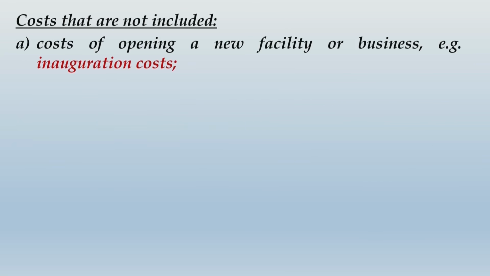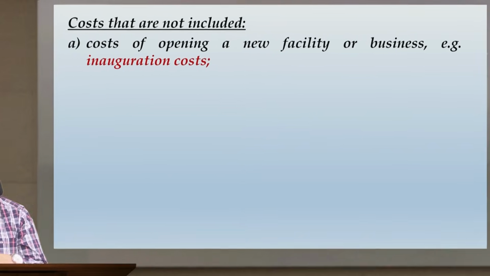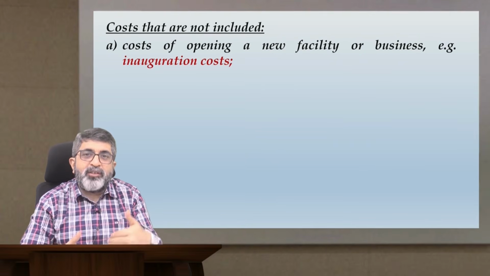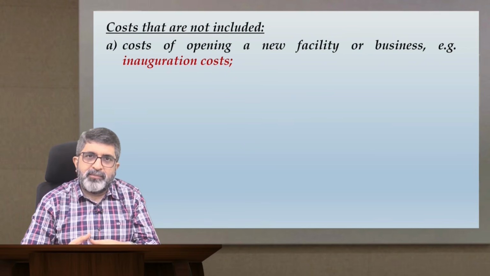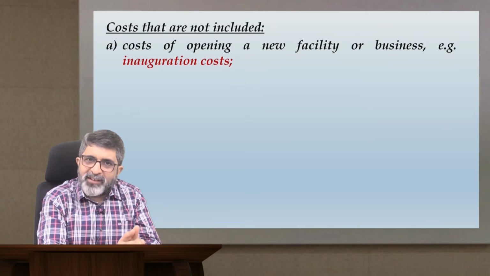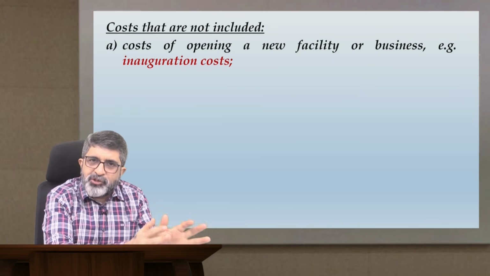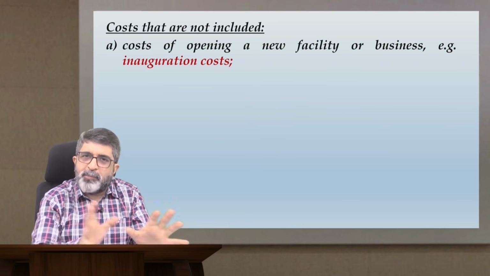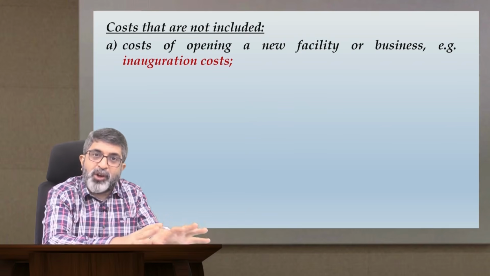Costs that are not included. Cost of opening a new facility or business, for example, inauguration cost. Now, if you already are operating at some place and now you have started a new branch, the branch will have its own assets like building, furniture, some machineries, equipments, etc. You have purchased, all that will be cost of your asset.